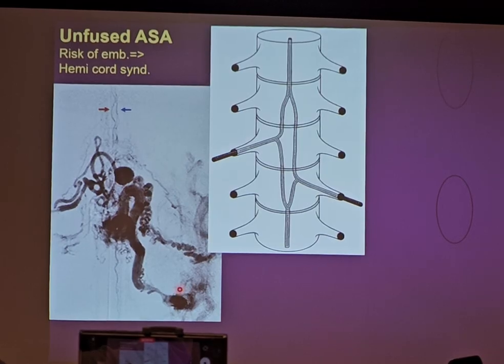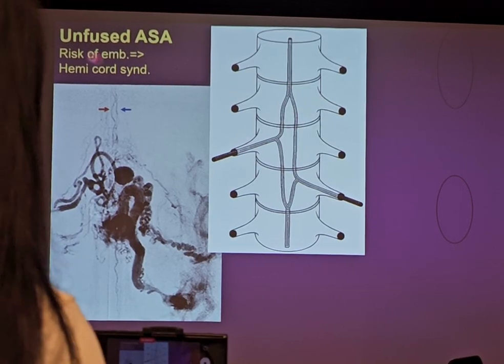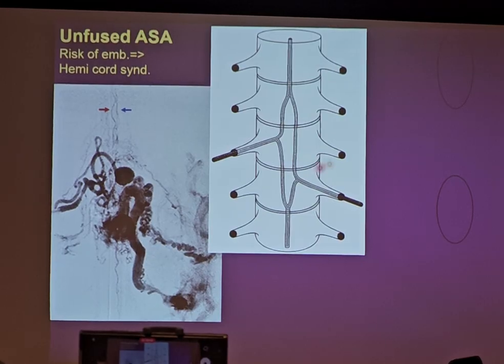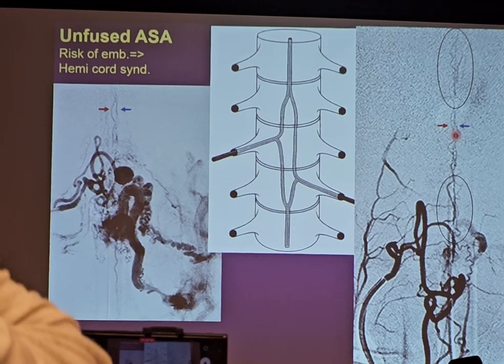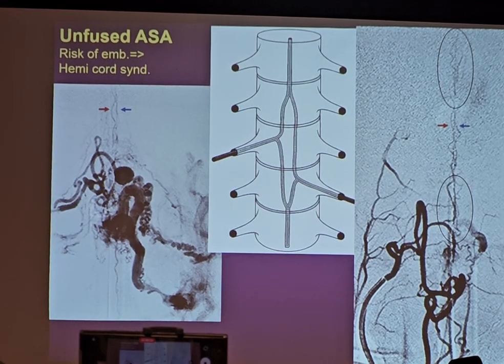Last thing before we finish: the unfused segment is clearly seen more in the spinal segment. You can see this is a long unfused segment of the ventral spinal artery. So as I told you, the wrist is again another example of a long unfused segment of the system.